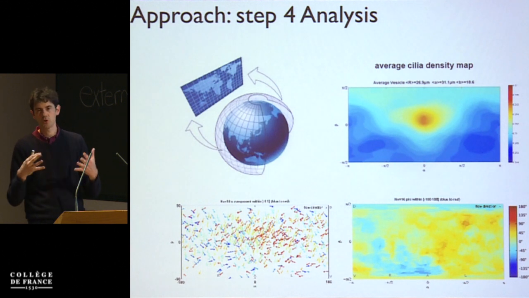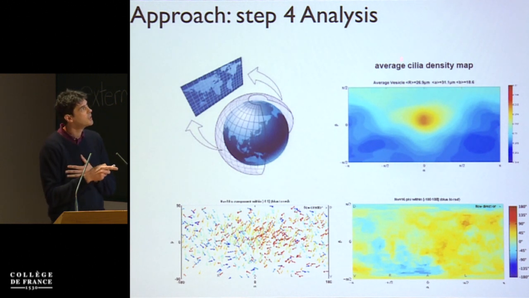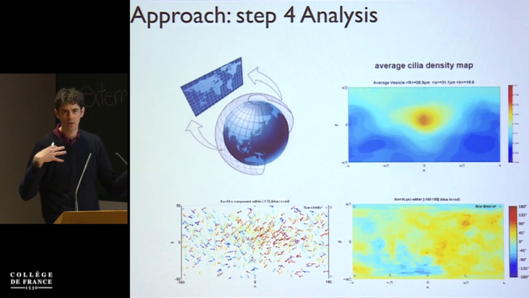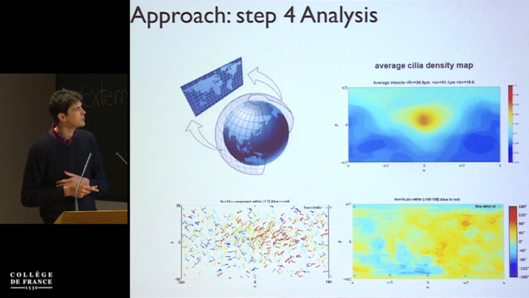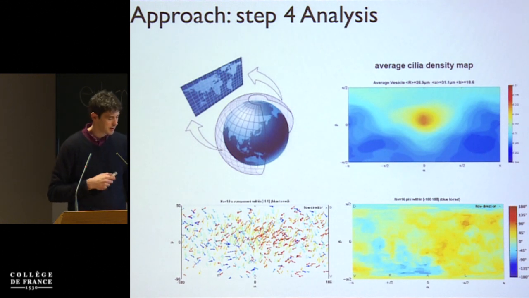And then you can just project the information you want. So here is the cilia density map. We can also project different angles of the cilia. We can combine both orientation plus angles. But I will mainly show you this kind of data.